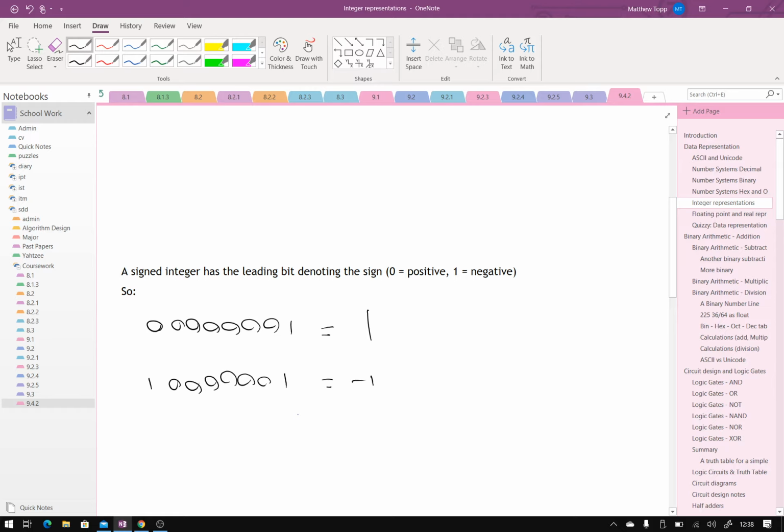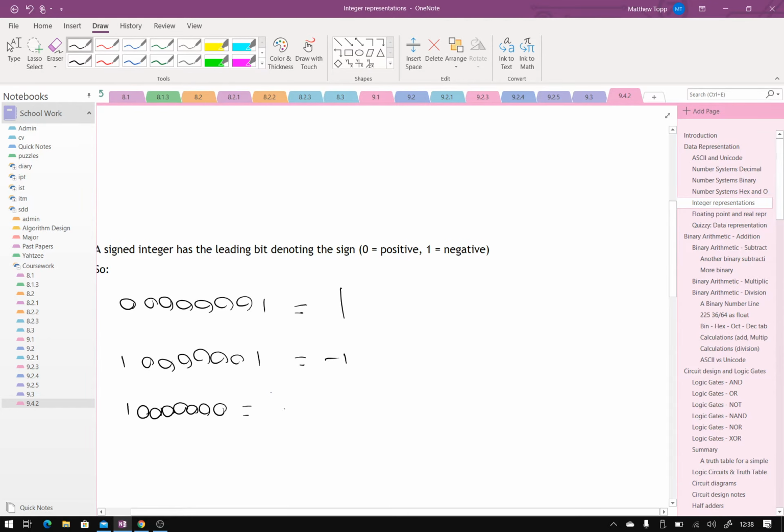Now, when we think about this, there's actually 2 0 values too. If I was to go for 1, 0, 0, 0, 0, 0, 0, 0, that equals minus 0. And if I look at it the other way, 0, 0, 0, 0, 0, 0, 0, 0, equals positive 0.